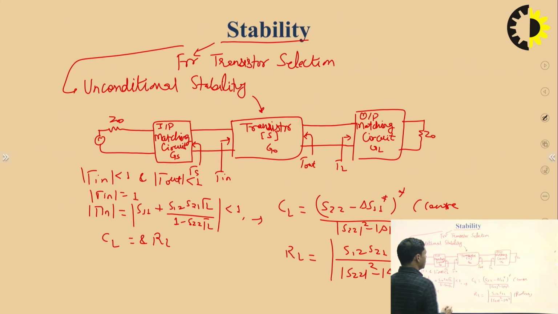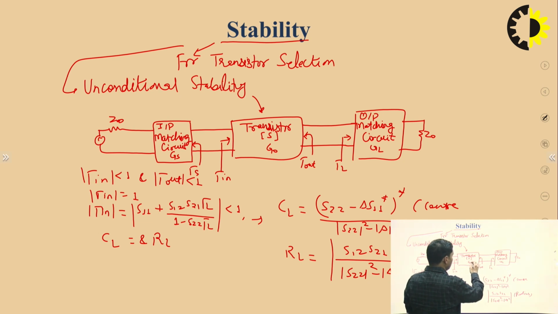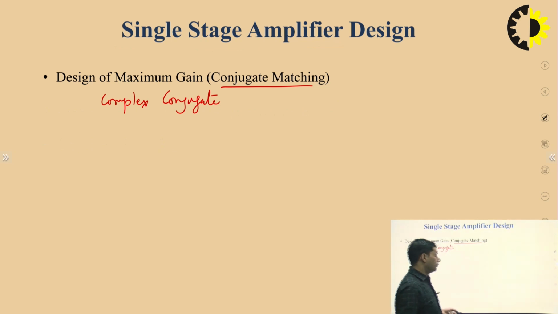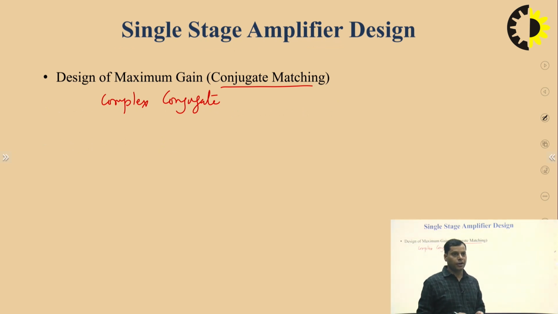As you can see, how much maximum power does the input matching transfer to the transistor, what is the condition for maximum power transfer, and what is the condition that transfers the maximum power from the transistor to the output matching. We keep this in mind while designing the single stage amplifier using conjugate matching.